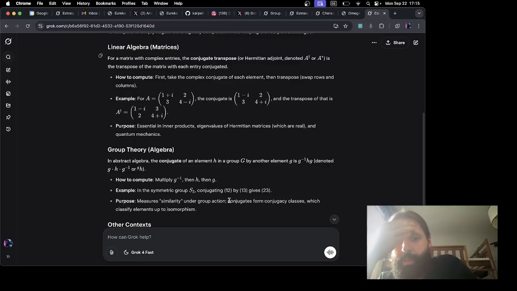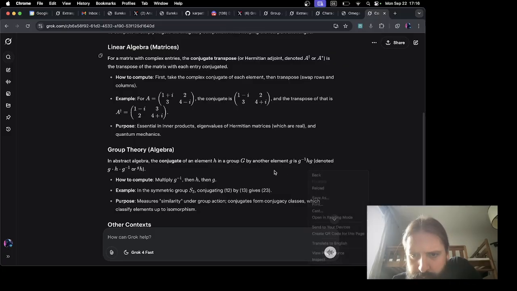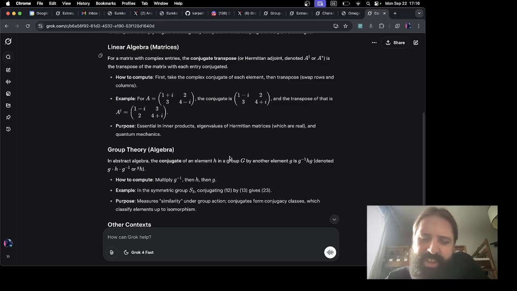Okay. Measures similarity under group action. Conjugates form conjugacy classes. A conjugate is the inverse, in this case, then the thing that we're trying to conjugate, and then the normal thing here. So you're conjugating by a number. Aren't you just mirroring, in a way, like in the group theory view?